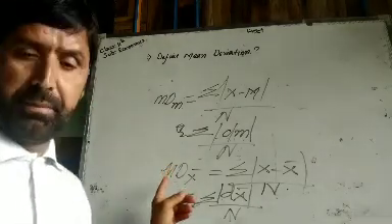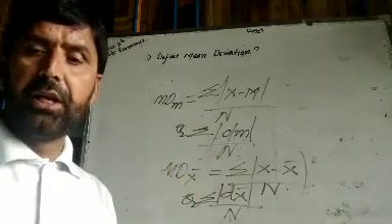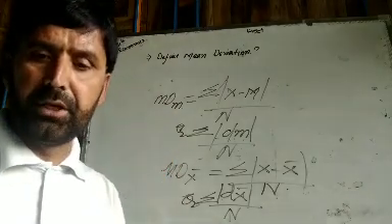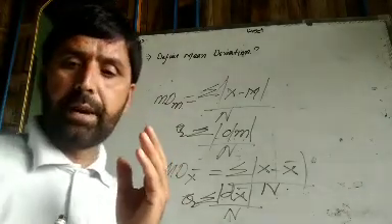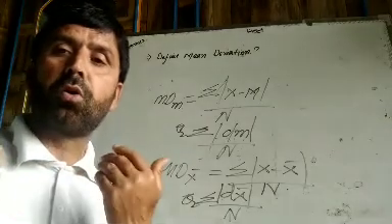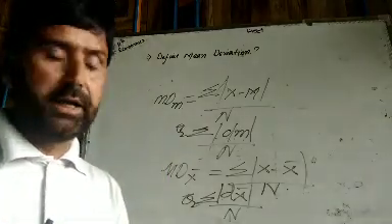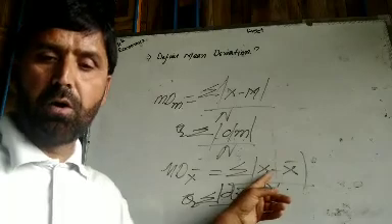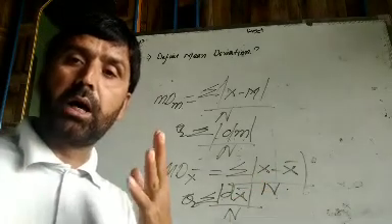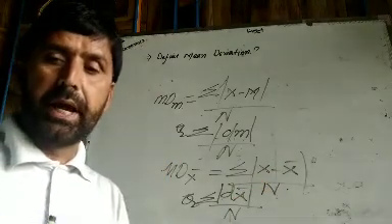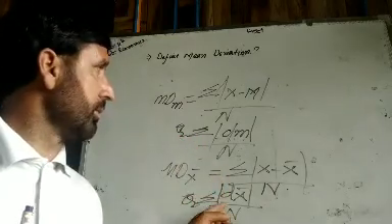Here MD means mean deviation, x minus M means deviations from the median, and x minus x bar means deviations from the arithmetic mean. n is the number of items.